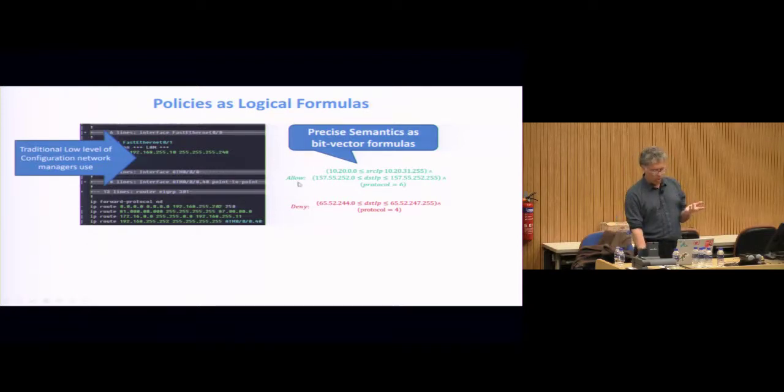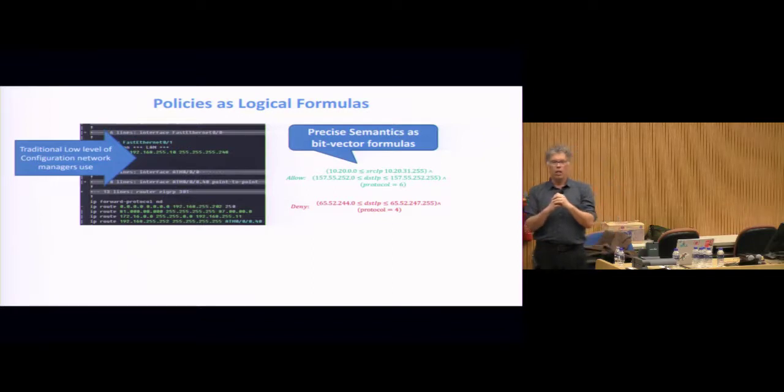Either you want to allow traffic from some source IP range to some destination IP range for some particular protocol, or you want to deny it. The contracts get much more expressive than this, but what is an IP address? That's just a bit vector, right? And what are these constraints? These are just range checks over bit vectors. So the logic here is very simple.